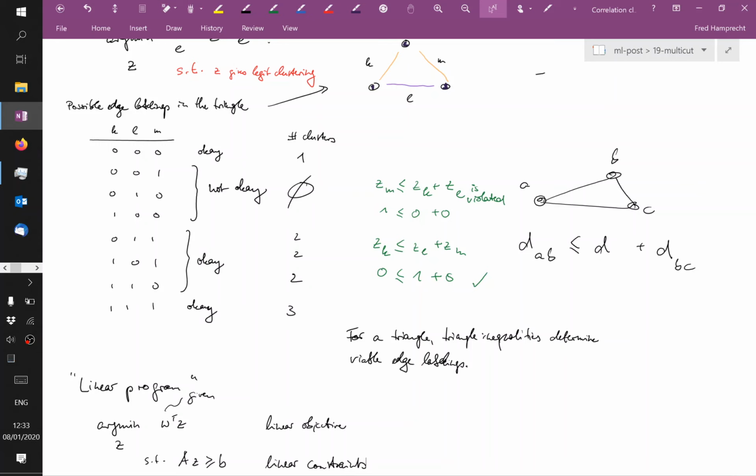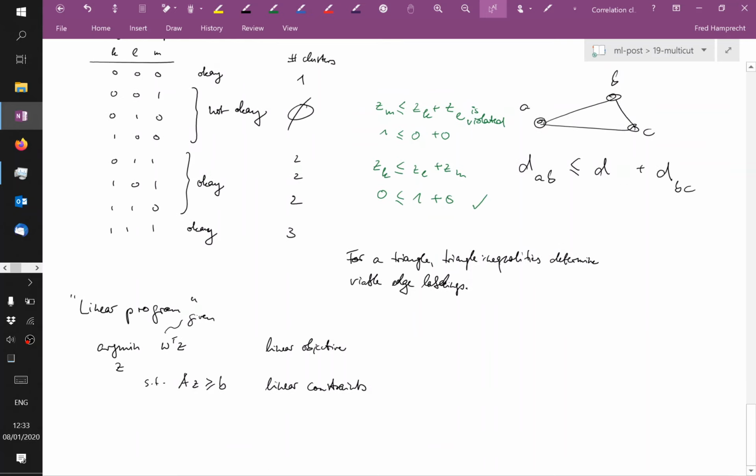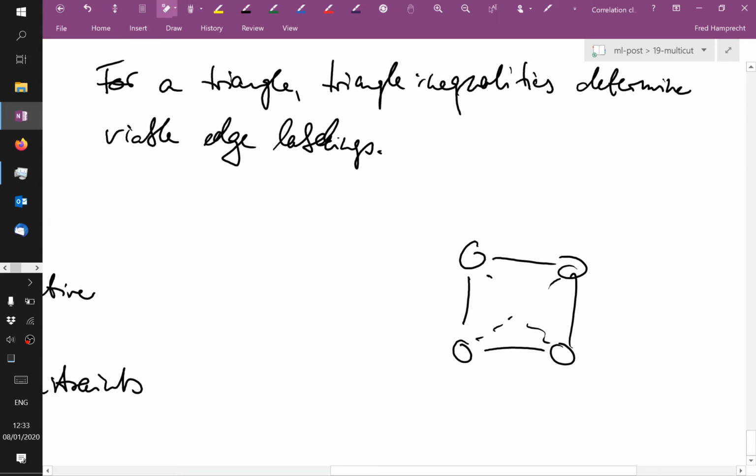So the question was, what if I have a graph which is not complete? So let's say I have a graph consisting maybe of these 4 nodes, and I have 2 missing connections. This is not connected, and that one is not connected. And I was saying that these missing connections, we can always add them.